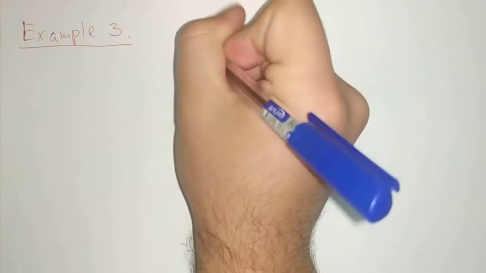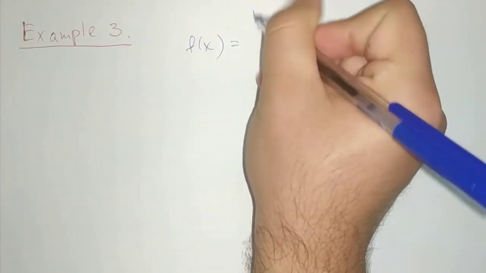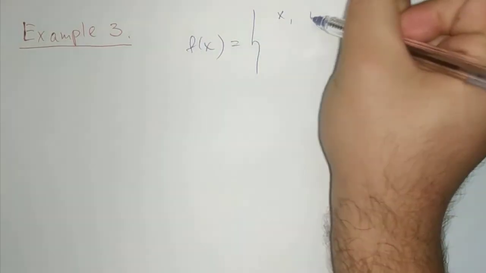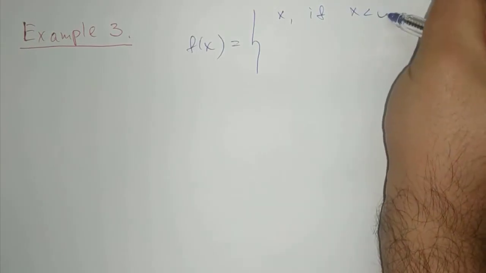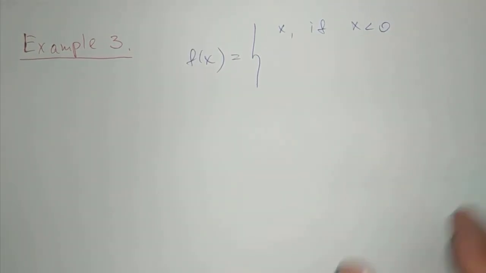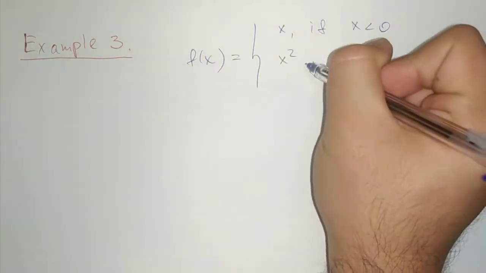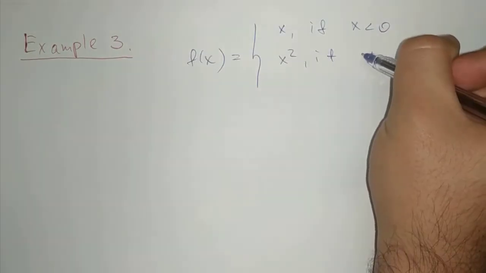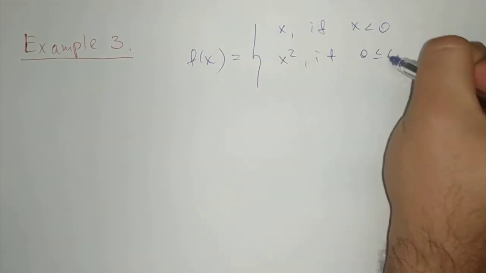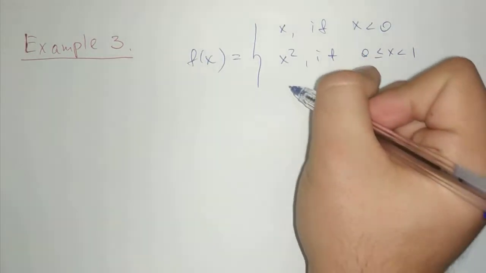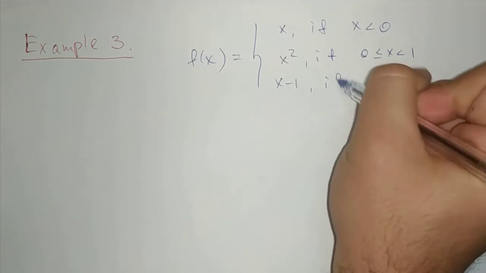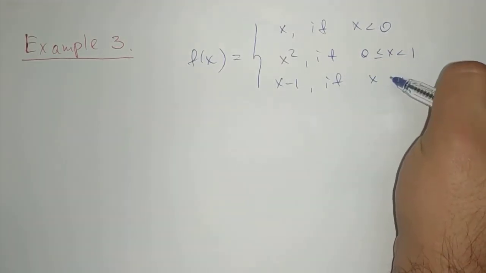And now let's consider the next, piecewise defined function. f(x) is x if x is less than 0, x squared if x is between 0 and 1, and x minus 1 if x is greater than or equal to 1.